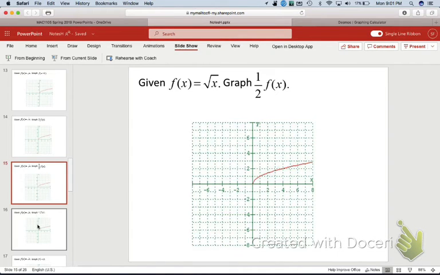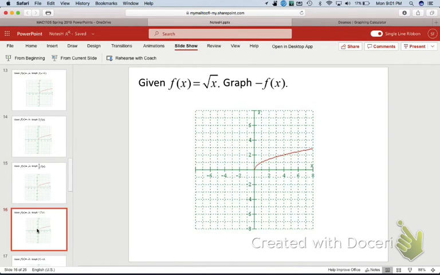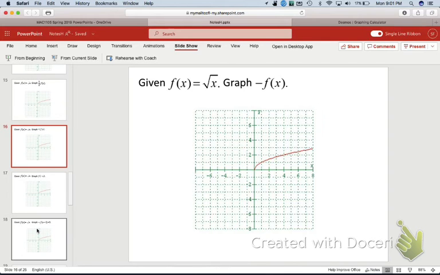All right. Now, this time we have negative f of x, or the opposite of f of x. We're looking at the opposite of the square root of x, or negative square root of x. I personally love to think back to another parent function on this one, which is x squared.